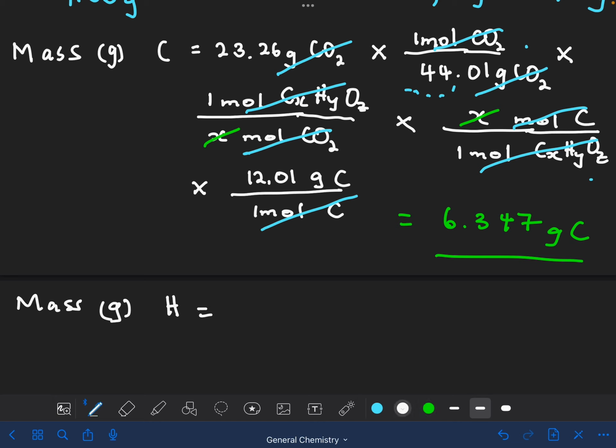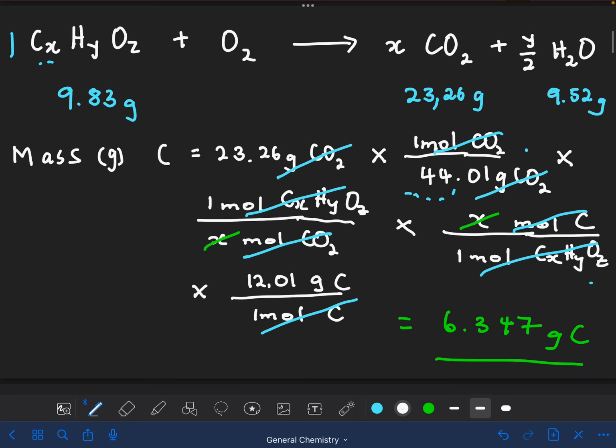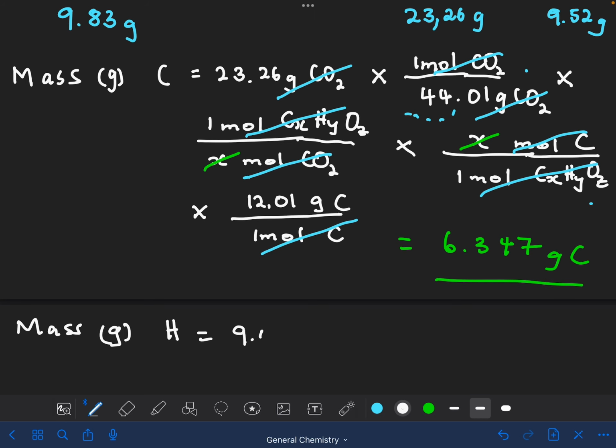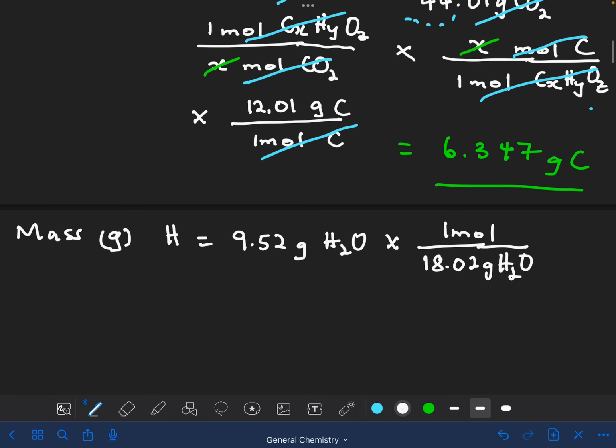Now, for the mass of hydrogen in the original sample, we start with 9.52 grams of water multiplied by 18.02 grams of water. You can actually calculate that. This is the molar mass of water over here.